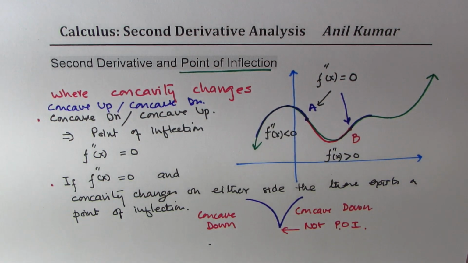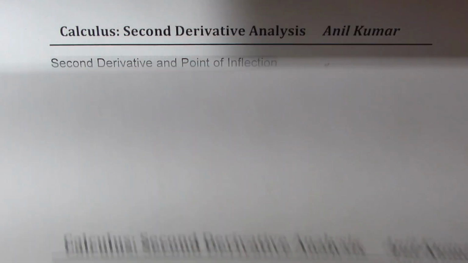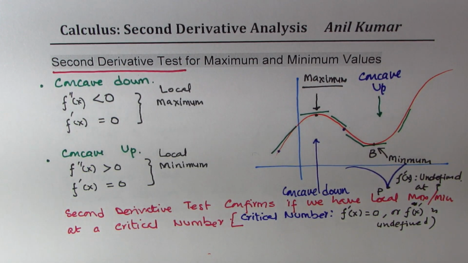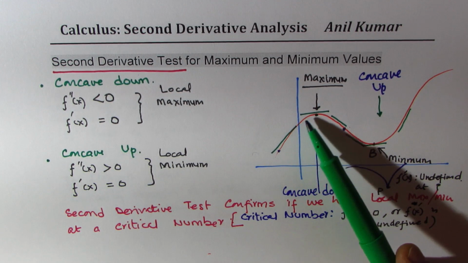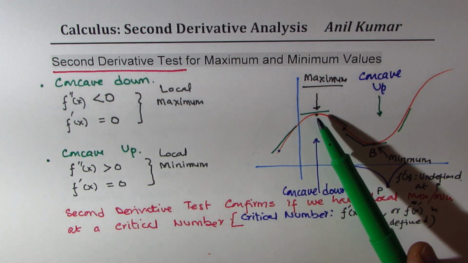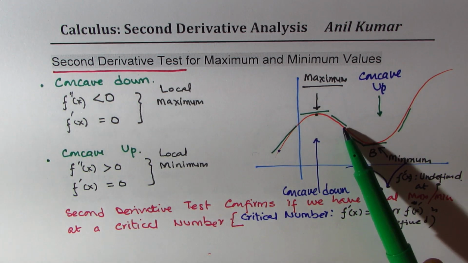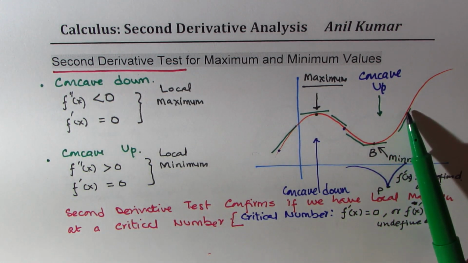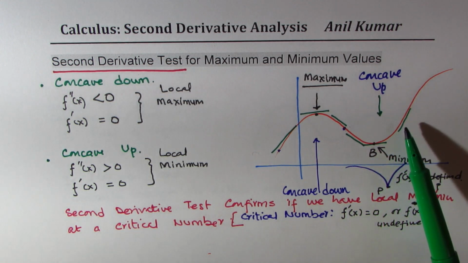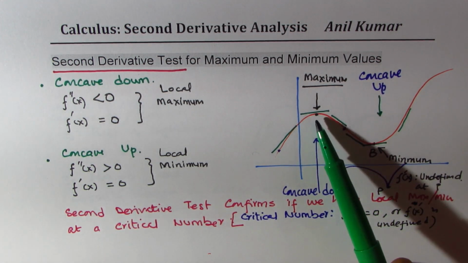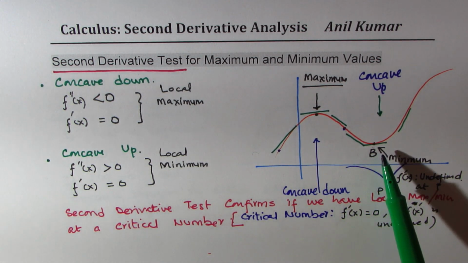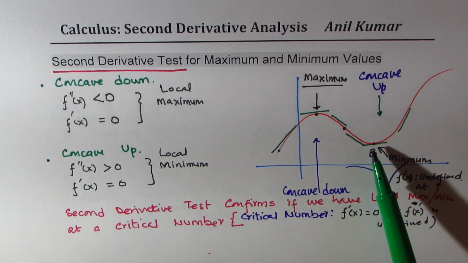So let us summarize our learnings about the second derivative. We notice that on the portion of the graph which is concave down, the tangent is always above the curve. And if we have concave up, in that interval the tangent will be below the curve. A maximum can exist on a concave down portion and a minimum can exist on a concave up portion.